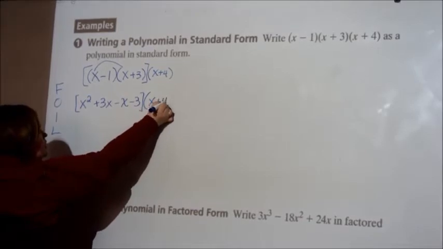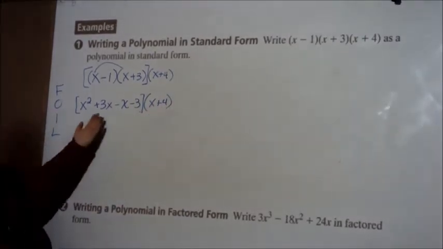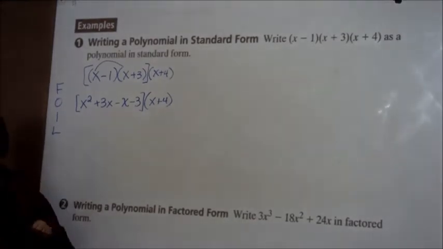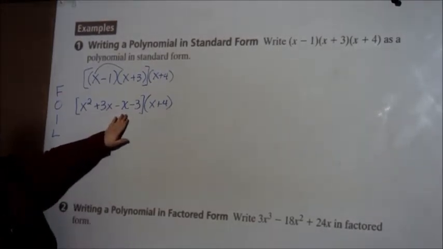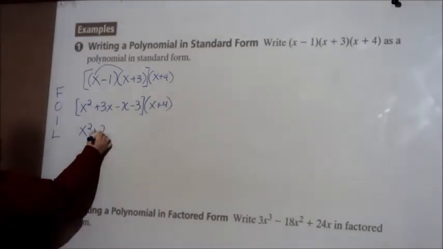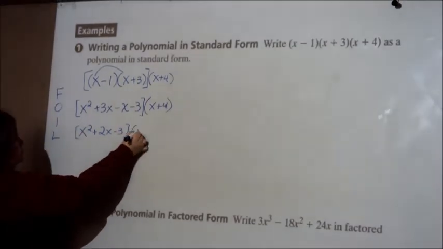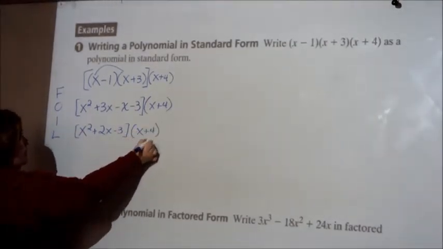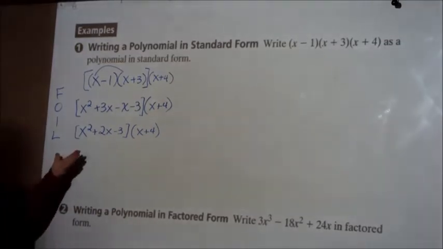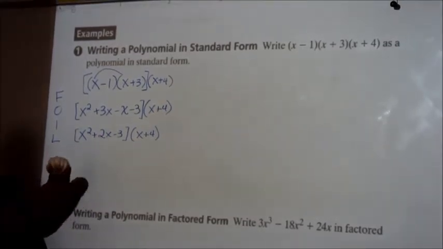And we can't forget that we have a whole other factor out here. All right, so if we look at this one, we can combine some like terms. 3x and -x, if we combine those, we get just 2x. We're not quite finished yet, because now we have to essentially FOIL these 2 factors, okay?